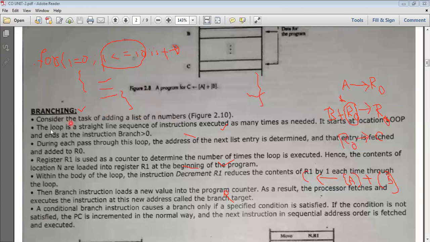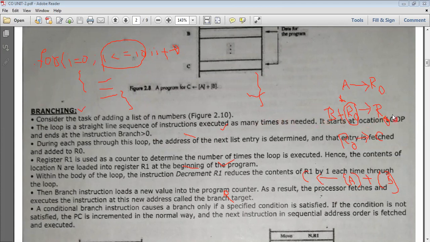Suppose we use straight line sequencing, then what happens? That addition operation instruction is used n number of times. The loop is a straight line sequence of instructions executed as many times as needed.